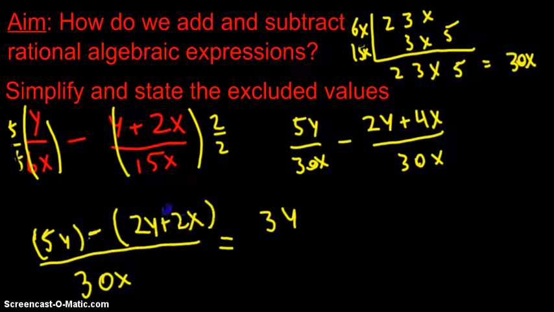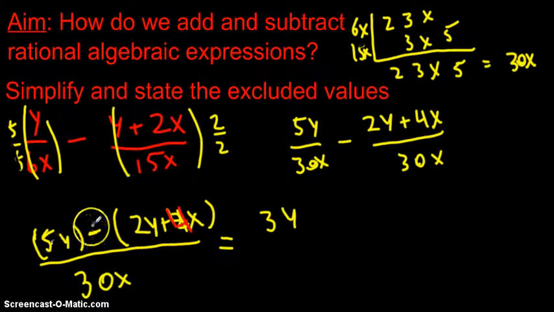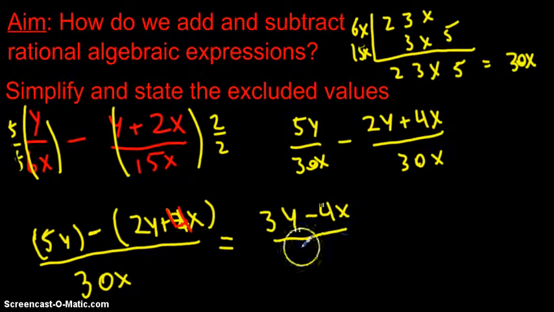Oh, I'm sorry, that's supposed to be a 4. Rewrite that so you can read it. So 0 x's minus 4 x's is minus 4 x's. All of this is over 30x.